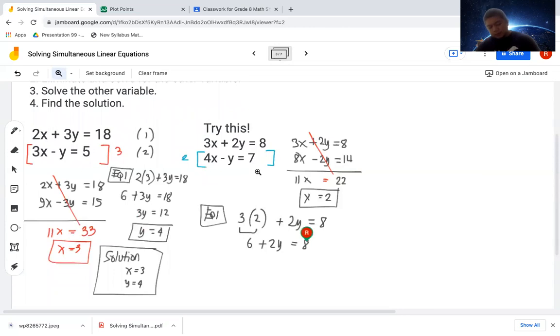And 2y is equivalent now to 8 minus 6, which is 2. So 2y is equivalent to 2, and y is equivalent to 1. So this will tell that the solution is that x is equivalent to 2 and y is equivalent to 1.